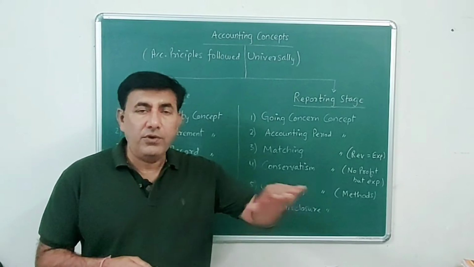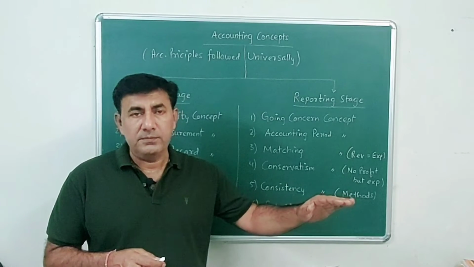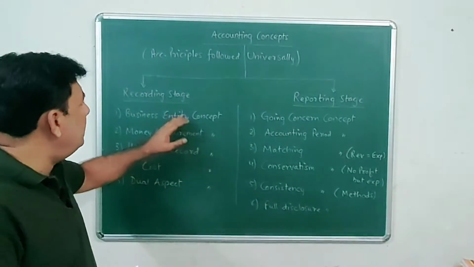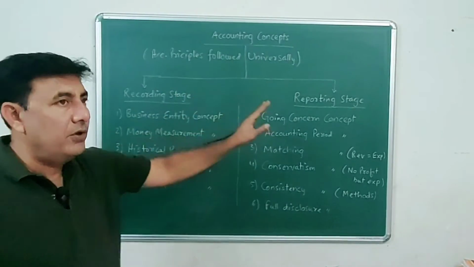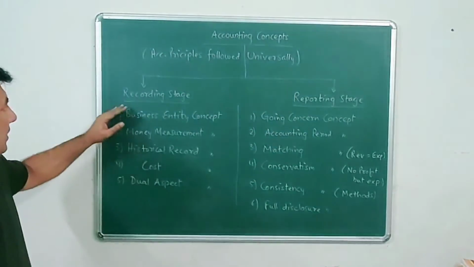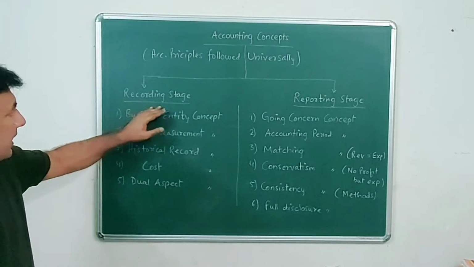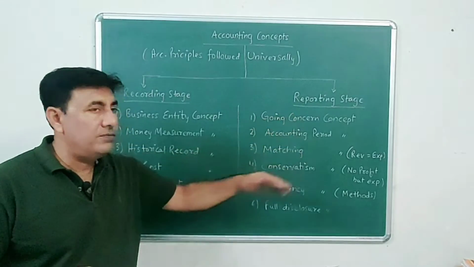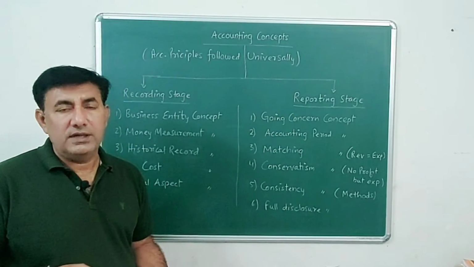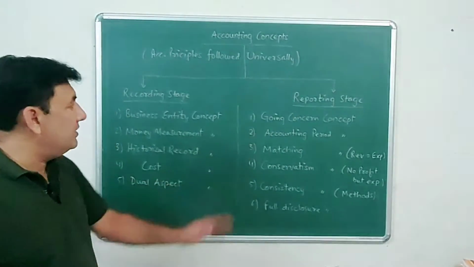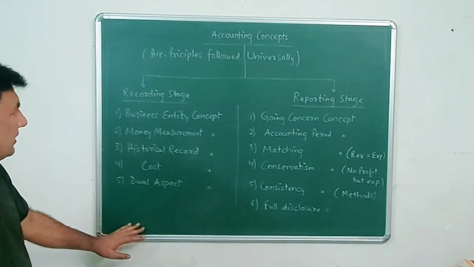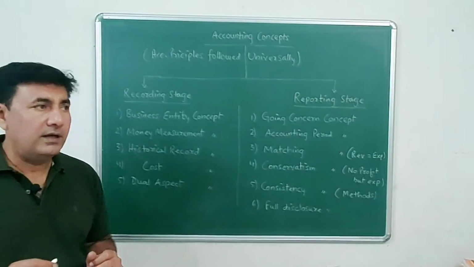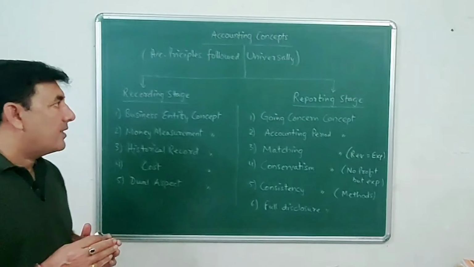So there is uniformity in the accounting process. These accounting concepts can be of two types: accounting concepts at the time of recording the transaction, and accounting concepts at the time of reporting the results. So there are two stages. Now, in the recording stage, this question is very important, so try to understand it nicely.